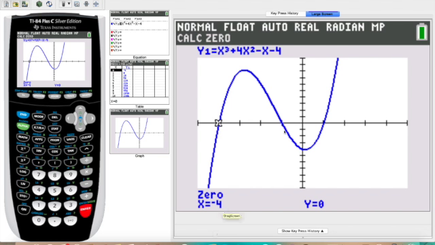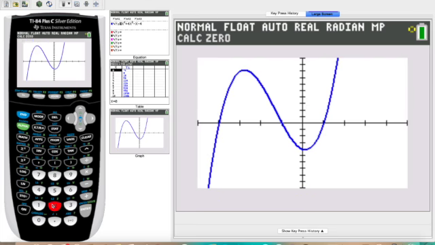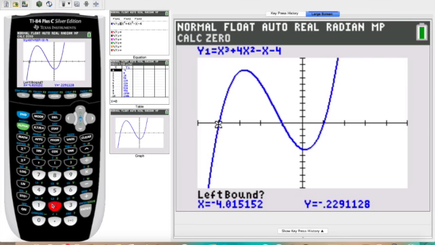Now, similarly, we can find the value of the 0 here. So again, remember the menu: second, trace, go to 2. And then it asks you for the left bound again. Now the 0 is here, so left bound means anywhere to the left of that 0. So we're going to bring our blinking cursor a little closer to that x-intercept.